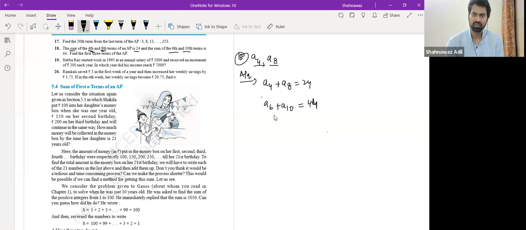So A4, as Talha said, would be a plus 3d, so if we solve this problem, let me write it as equation 1.